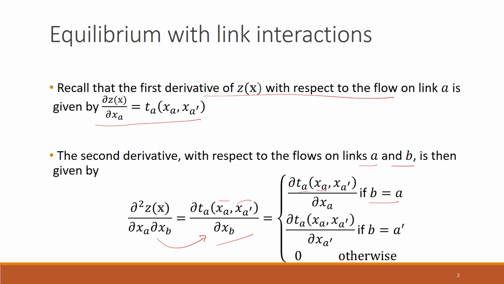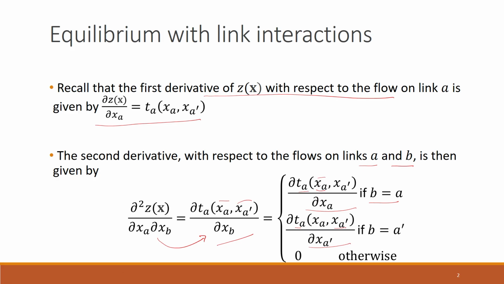Since this travel time on link A is dependent upon x_A, this will not be 0 here, and similarly when link B is link A dash, which is the one opposite to link A, since t_A is also a function of x_A dash, we cannot ignore this quantity.